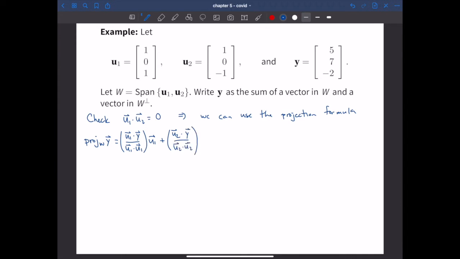Okay, and so this piece is another scalar, and we're multiplying it by the vector u2. So when we actually plug these things in, u1 dot y is going to be 3 over u1 dot u1, that's going to be 2, times the vector u1, and then plus u2 dot y is going to be 7 over u2 dot u2 is 2, and times u2 is 1, 0, negative 1.